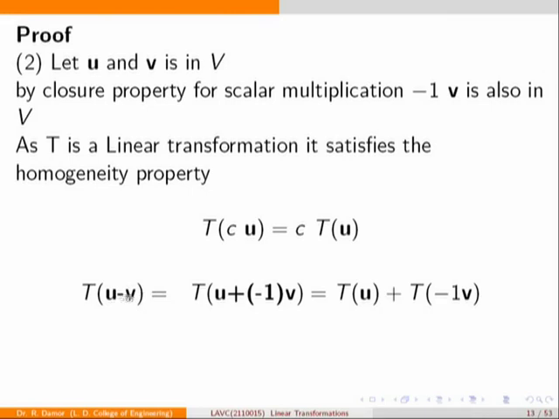T of U minus V belongs to vector space V, and the transformation of U minus V can be written as U plus minus 1 into V. Clear?